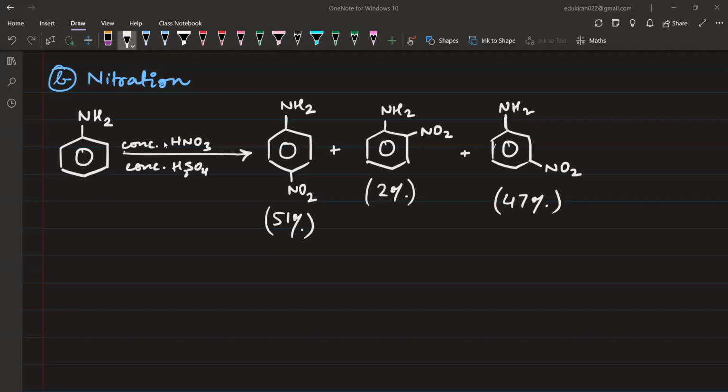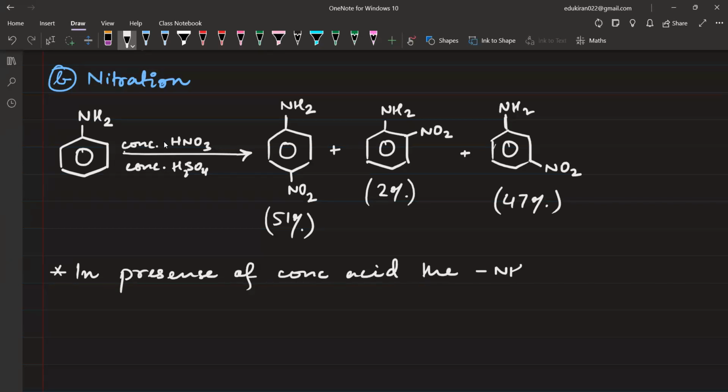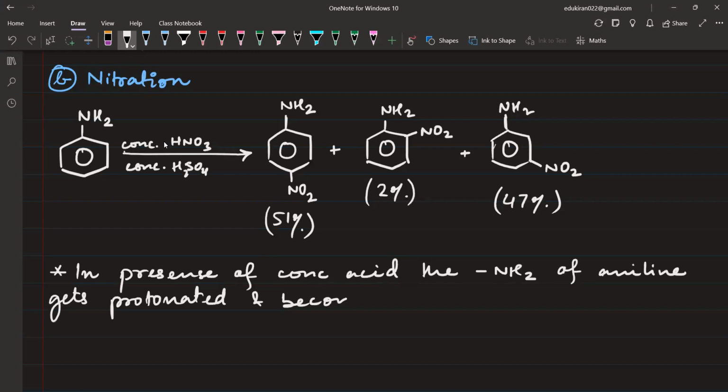So you'll write the answer, write it as a point: in presence of concentrated acid, the NH2 of aniline gets protonated and becomes NH3 positive.